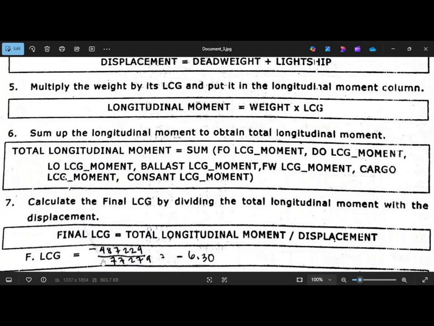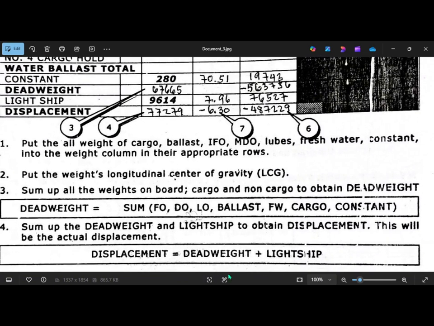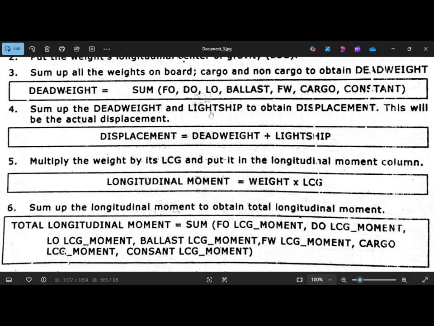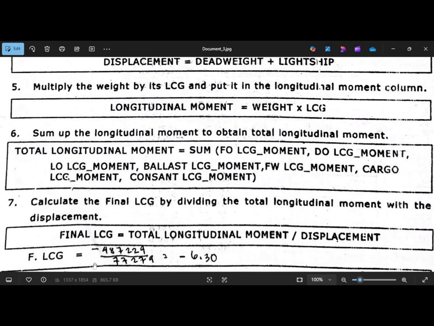Final LCG is your longitudinal moment, negative 48,729, over your displacement of 77,279, and your final LCG is 6.30.